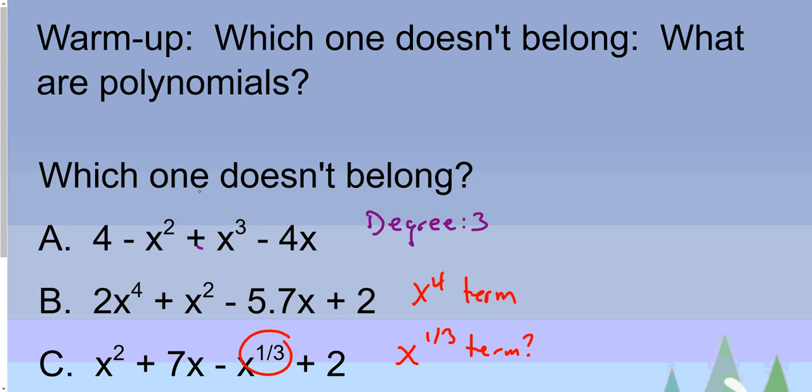And that's the same thing that happened, if you think about it, with parabolas. Let's say you had the function f of x equals x squared. And the graph of that is a parabola.